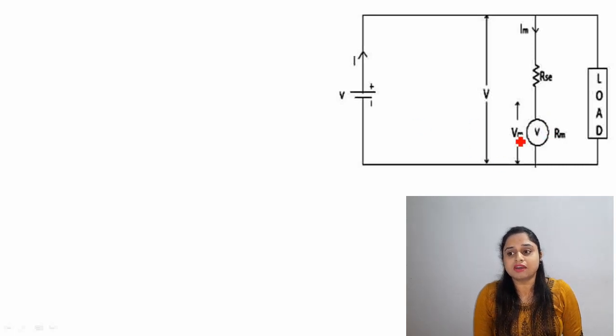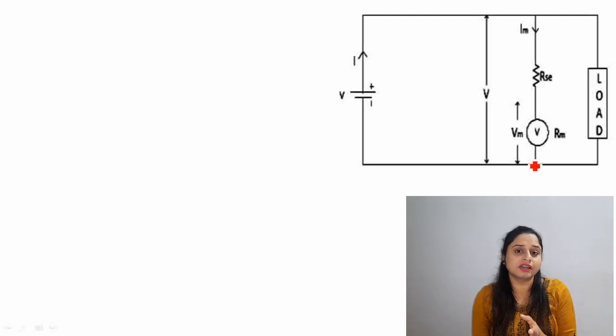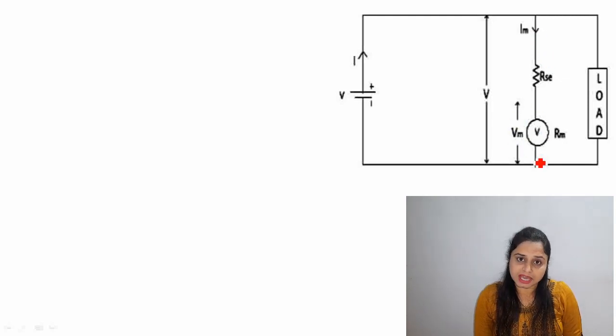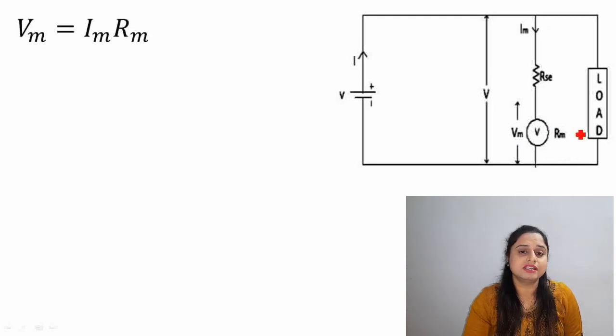From this we can write down that Vm is Im into Rm, that is voltage equals current into resistance. For this voltmeter reading, the current flowing is Im, and the meter resistance is Rm. We can write the equation Vm equals Im into Rm.